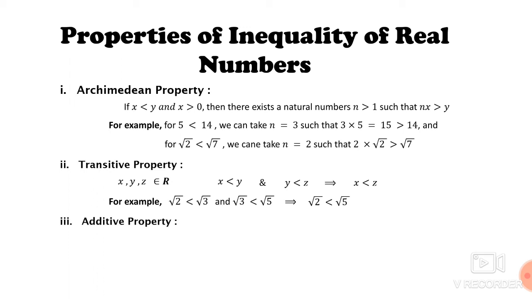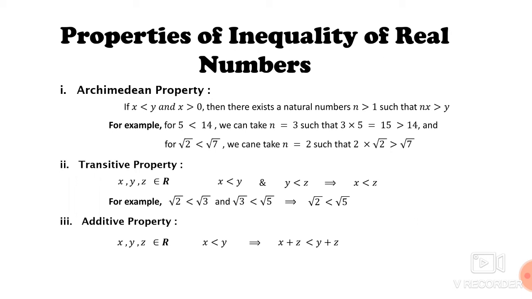Now we have the additive property. It is exactly the same as the additive property of equality. x, y, z belong to real numbers and x is less than y and we are adding the same number to both x and y.